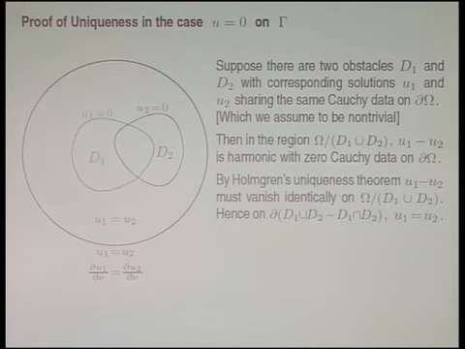Okay, so I've got u1 was 0 on here, originally u2 was 0 on here, and the difference is 0 on here. So that means that u1 and u2 is 0 here, and u2 and u1 is 0 here. Okay? So I've got that. Now, look at the picture coming from this region, D1, not D2.